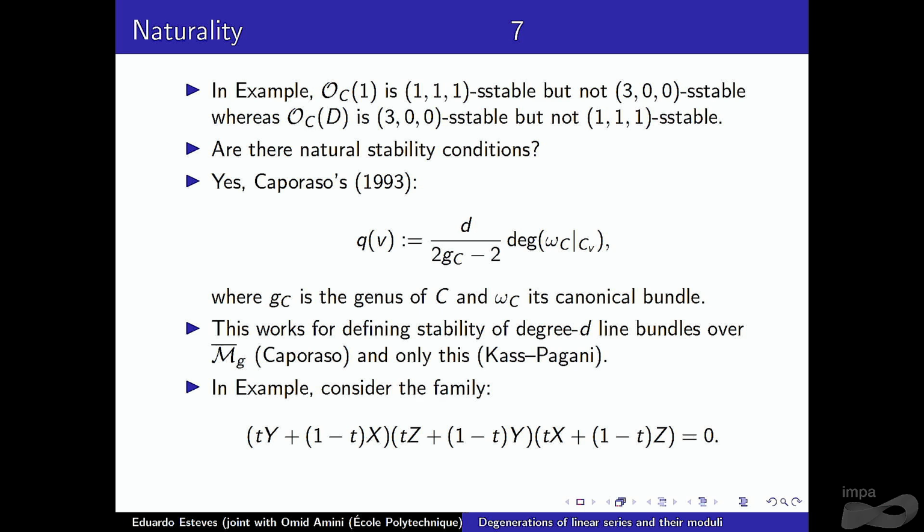So for instance, in this case, the triangle here, I can have a family of triangles such that suddenly YZX becomes XYZ. So if you assign your degree, let's say, of Q to be equal to 3 on X, as you move around, X will become Y. And then what do you do? You didn't assign degree 3 to Y, just 0. So if you want to think in terms of moduli, the only polarization that works here is (1, 1, 1).